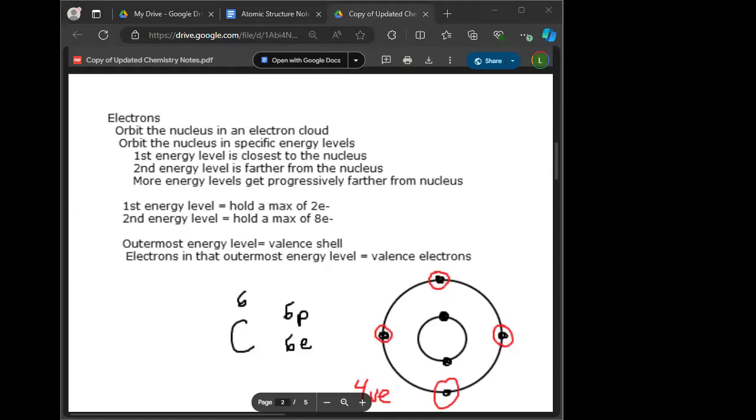And each energy level is going to be a specific distance from the nucleus. For example, each energy level is going to get farther and farther from the nucleus.